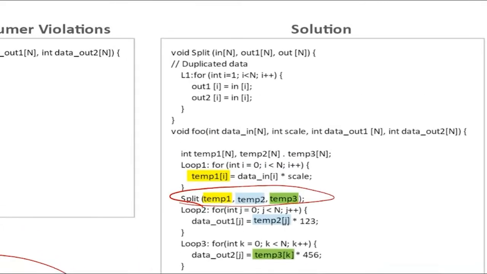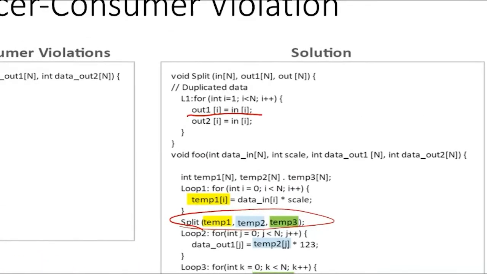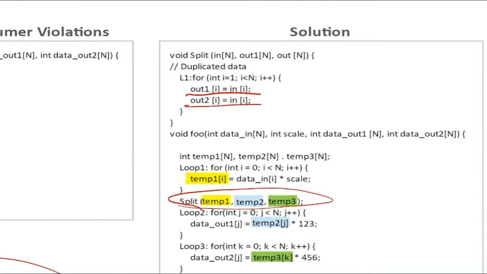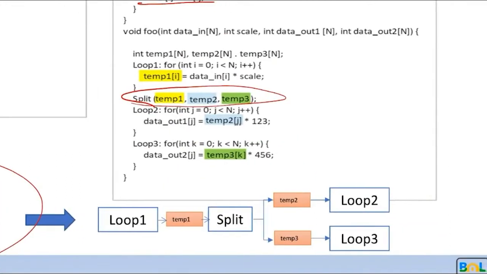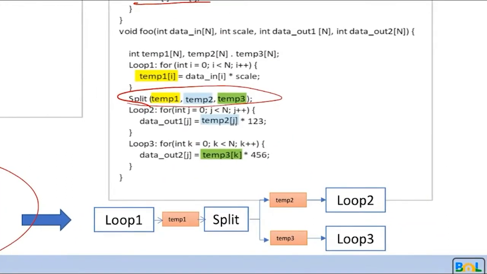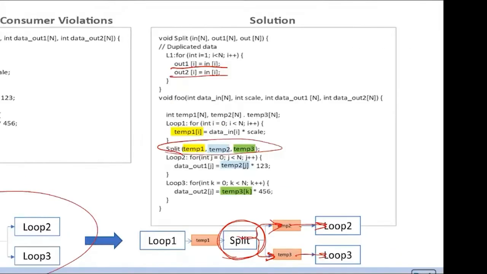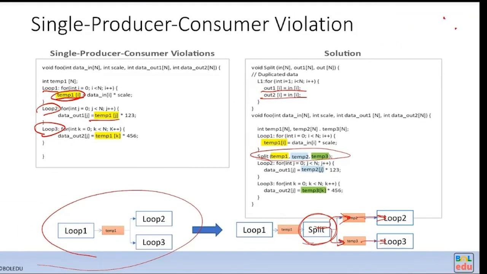What the split function does is simply put into two channels. So you have loop one, then it goes into the split, and the split creates two channels, two FIFOs, each feeding one downstream function. You use this to fix the single producer consumer violation.